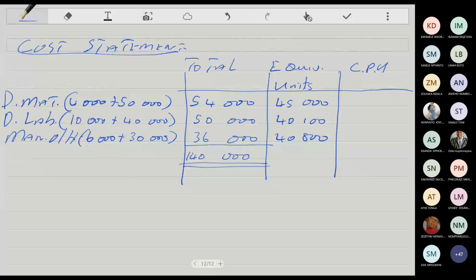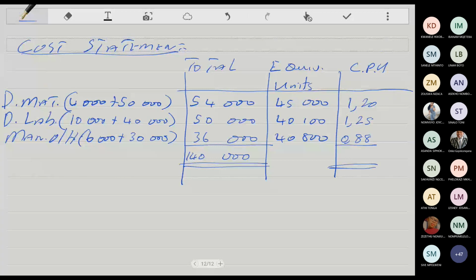So the cost per unit here is going to be 1 rand 20 cents. Then 50,000, you divide it by 40,100. Then it gives us 1 rand 25 cents. 36,000, we divide that by 40,800. And that one gives you 88 cents.